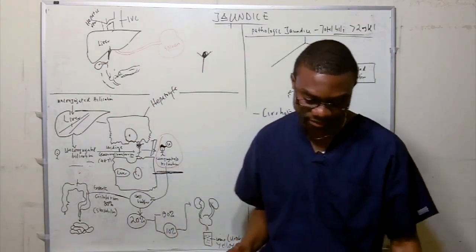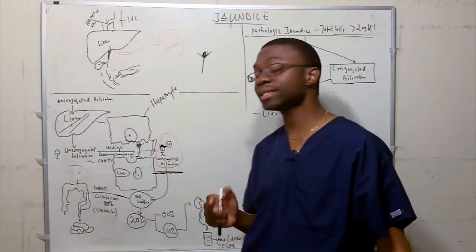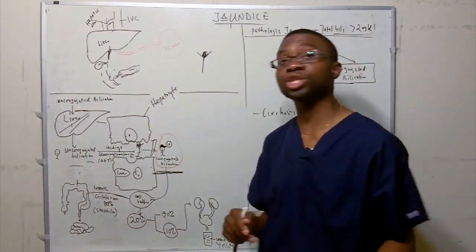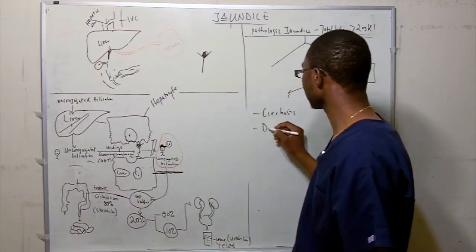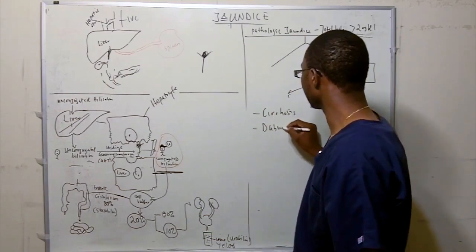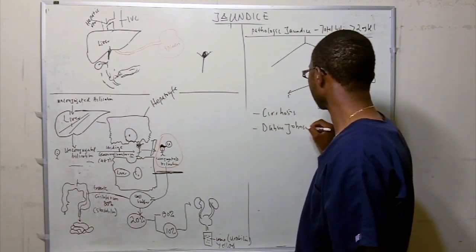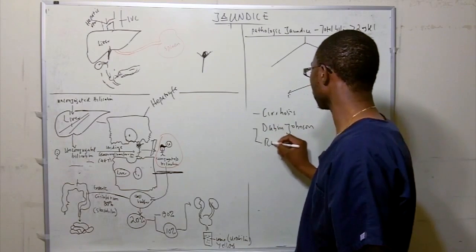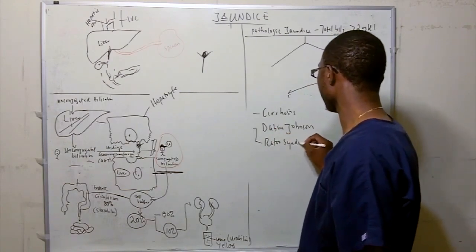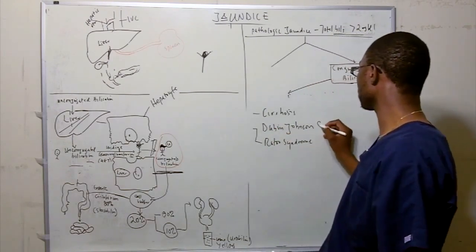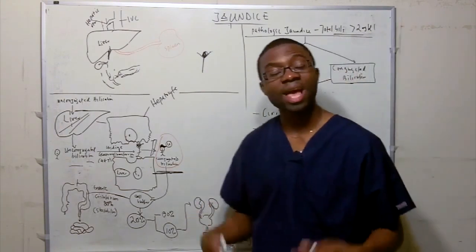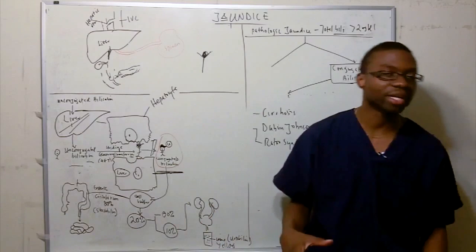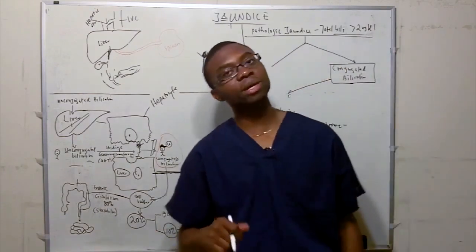How about this? There are 2 inherited diseases you need to know: Dubin-Johnson and Rotor syndrome. These 2 syndromes are notoriously known for causing elevated conjugated hyperbilirubinemia.